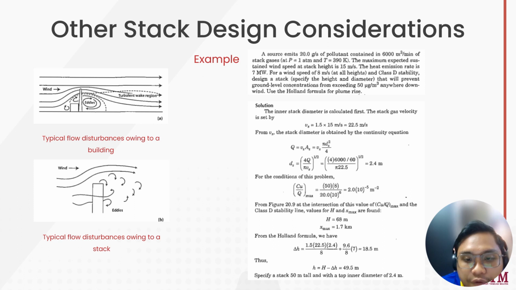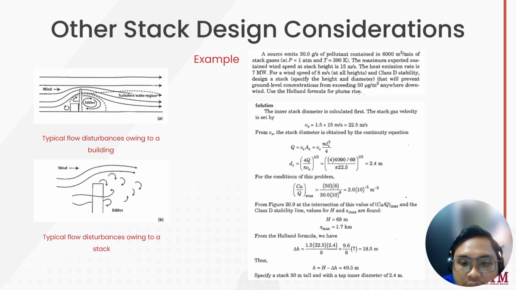From the Holland formula, we have delta H equal to 1.5 times 22.5 and 2.4 that we get from the equation above, over 8, plus 9.6 over 8 times 7, equal to 18.5 meters.